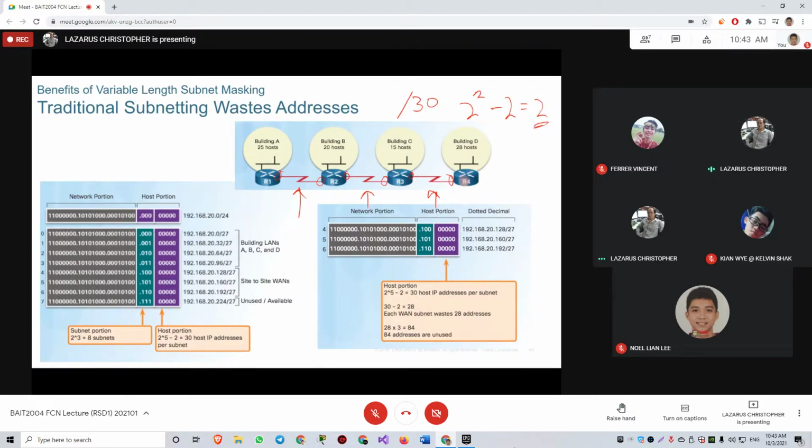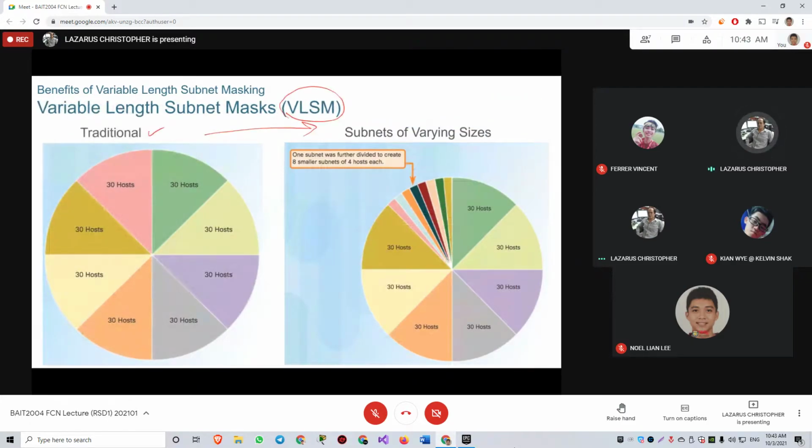So 2 hosts fit. So /30 for that. For the wide area network subnets, you get /30. So instead of borrowing 3, for that one particular subnet you borrow more bits, 3 more, so it becomes 24, 5, 6, 7, /30, right?